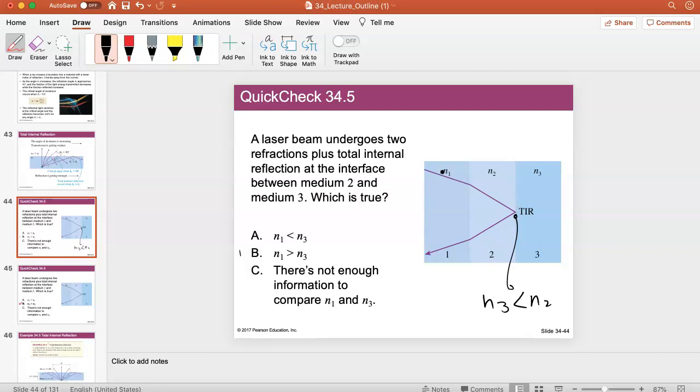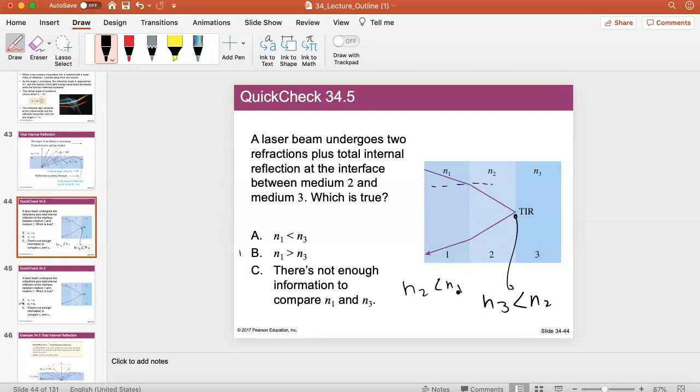So here, how can we compare N1 and N2? Well, we know that as you enter from 1 into 2, you bend away from the normal. So N2 again must be smaller than N1. Right? Theta 2 is larger than theta 1. Sine theta 2 is larger than sine theta 1.